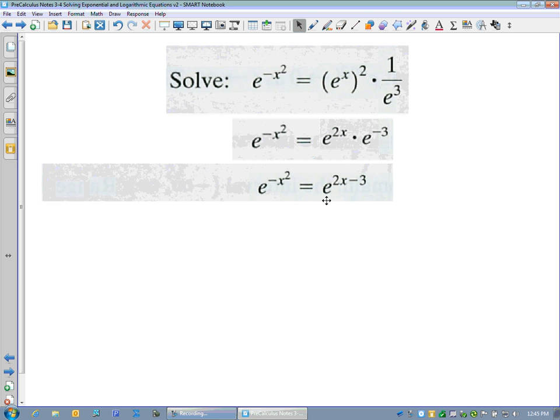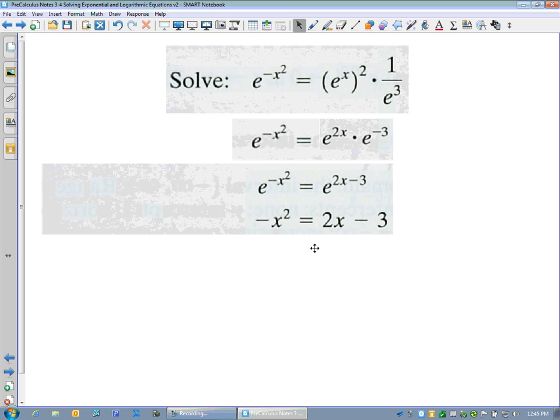And we have the same base, so that means that the exponents must be the same. So we simply have negative x squared equals 2x minus 3. And now we have a quadratic equation. And our first approach for a quadratic equation should always be set it equal to 0 and factor.